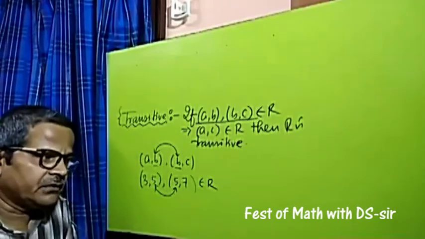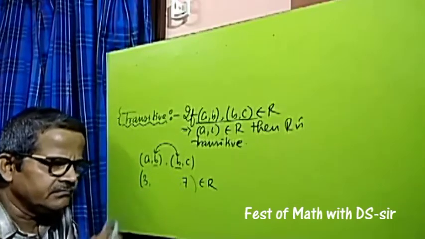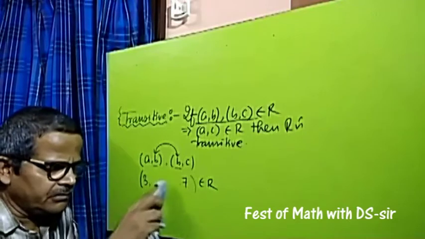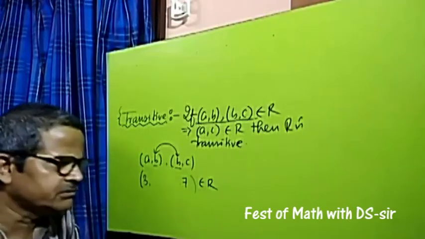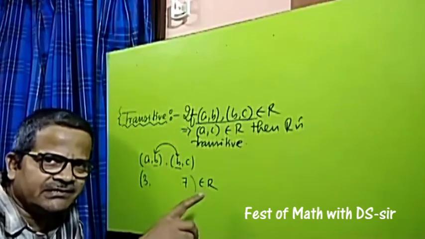element, what remains? After omitting the common element, what remains with us? (3, 7). We have to check whether (3, 7) is there or not.